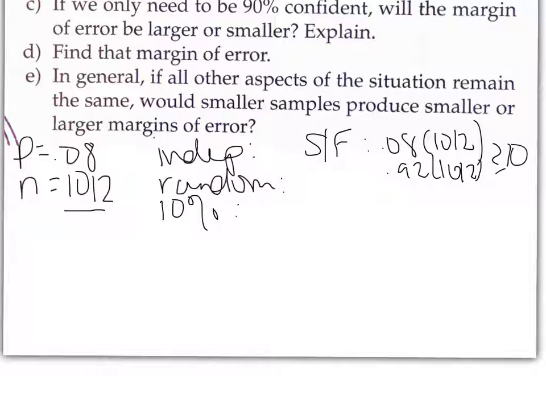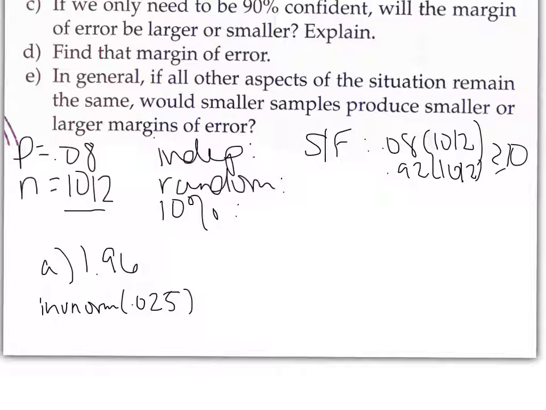Okay, so A said find the margin of error for a 95% confidence interval. So 95, you've already done this, would be a z-score of 1.96. If you don't remember, you can do inverse normal of 0.025, or you could look up 2.5% in your z-score table.